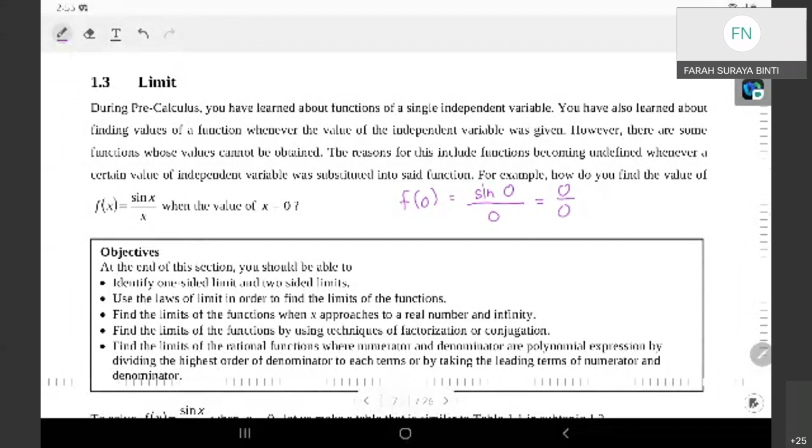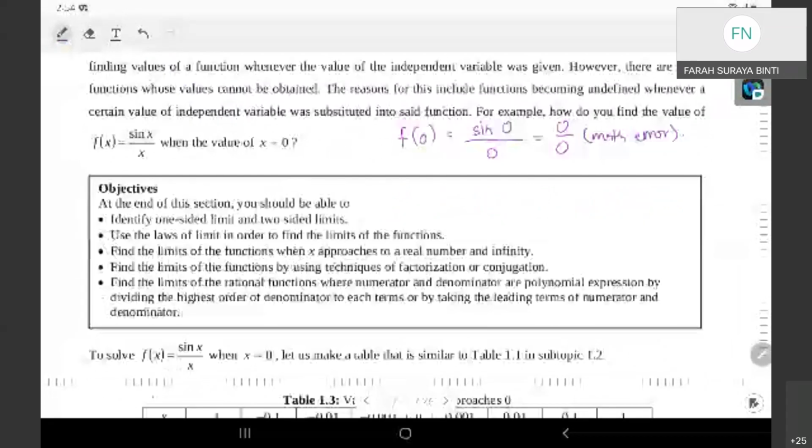Akan jadi mat error. Okay. So, kenapa macam tu? Sebab sebenarnya this function is not defined when x equal to 0. So, bila not define, kita kena cari dia punya limit. Itu yang kita nak belajar. Limit ni sekarang ni. Okay.